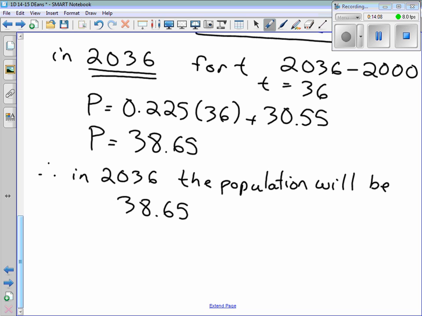Now, 38.65 what? Is it 38.65 people? What is this value of p measured in? Yeah, million people. And that's the big reason we put these concluding sentences at the end, because sometimes we have to change from this number that we got using our equation to what it actually represents in terms of millions of people. And that's it for Unit 4.